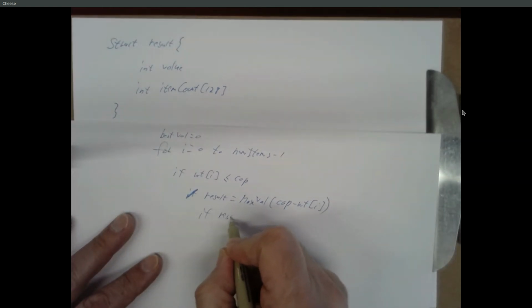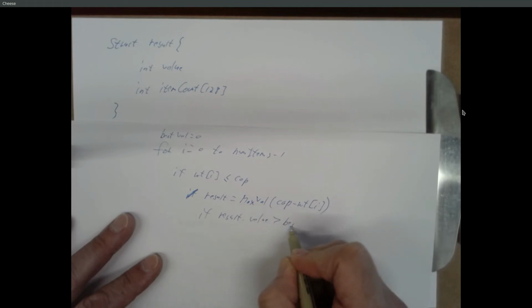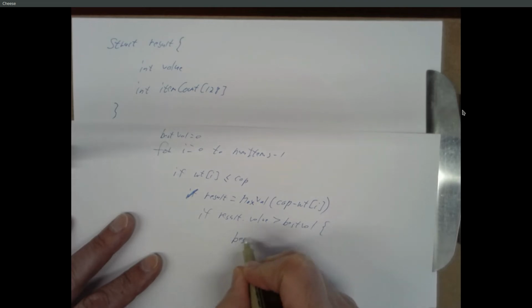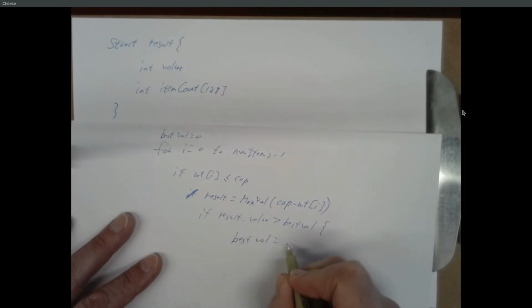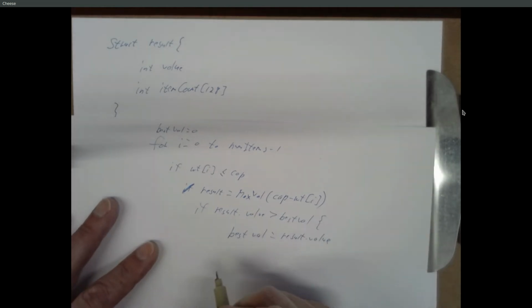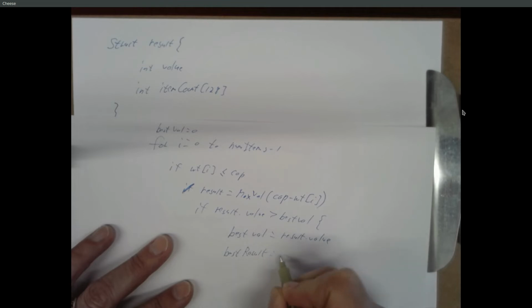If result value is bigger than best value, save your best value so you know what the new max is, and do something like best result equals result.